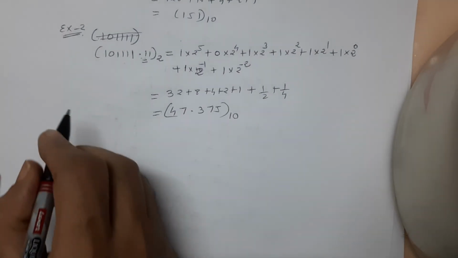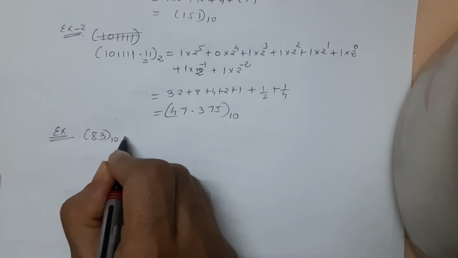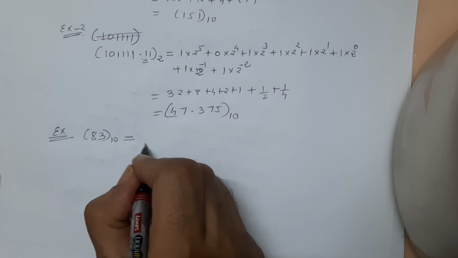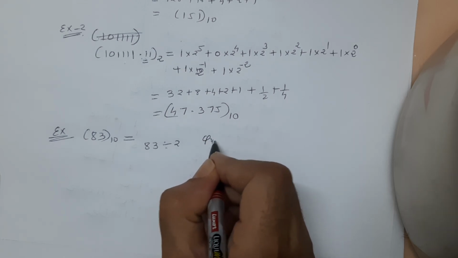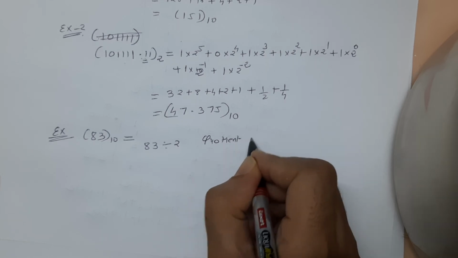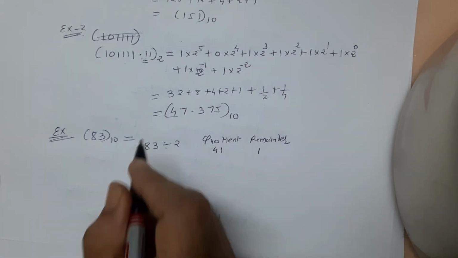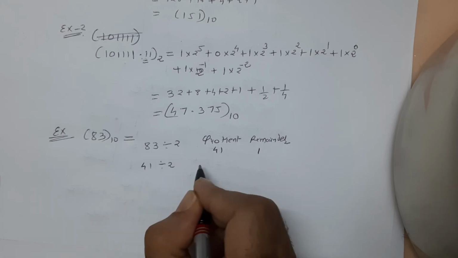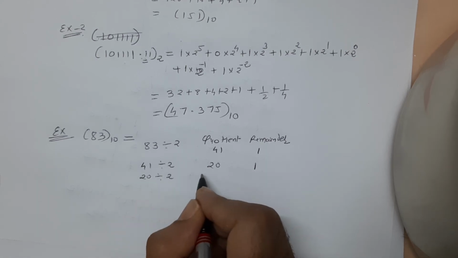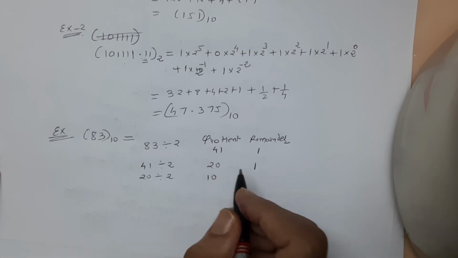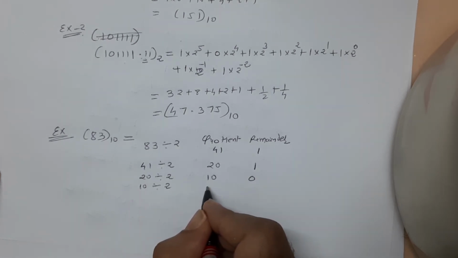One more example. 83 decimal, that is equal to 83 divided by 2, quotient and remainder, 41 and 1. 41 divided by 2, 20 and 1. 20 divided by 2, 10 and 0. 10 divided by 2, 5 and 0.